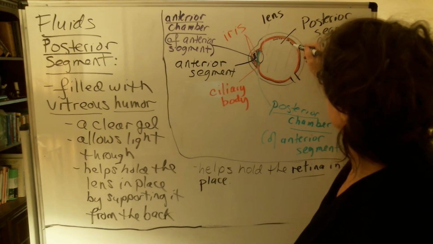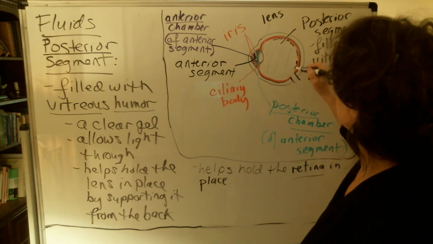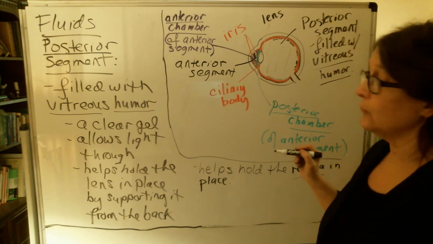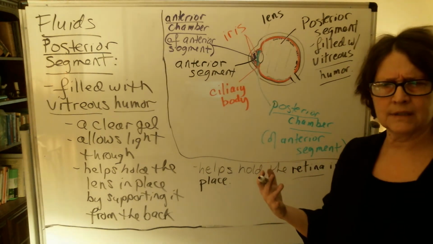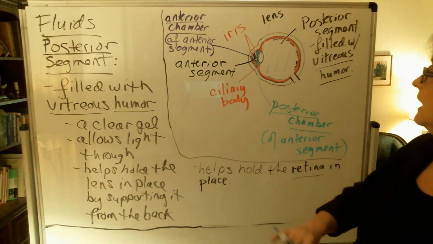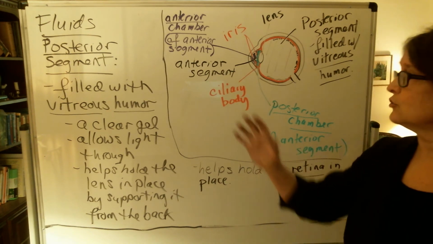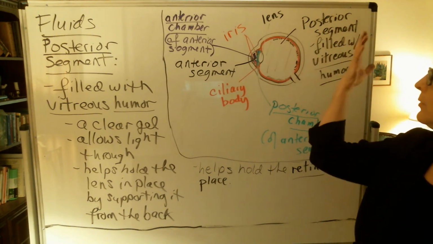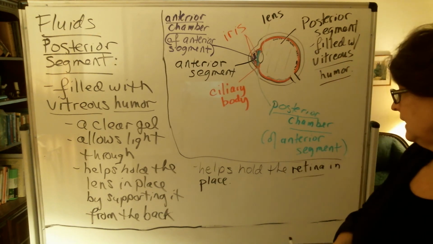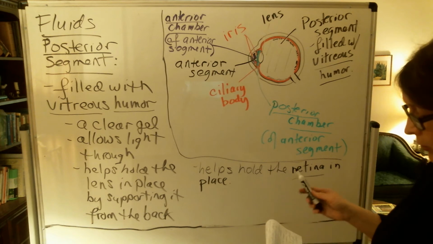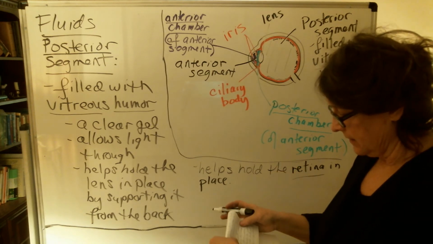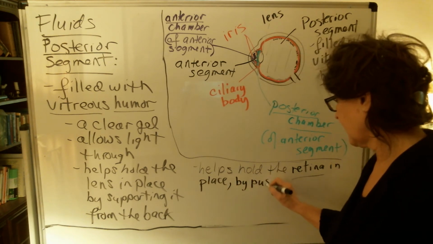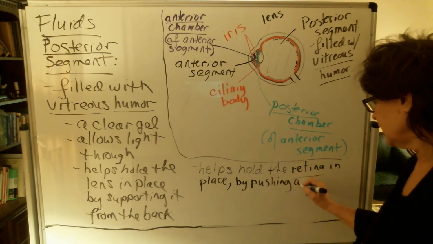As I said, I will be discussing the retina in another lecture, but you have the retina roughly in here. And the retina is very tissuey, it's very thin, it's kind of like a wet Kleenex in many ways. So it's not real strong, and having this kind of thick goo pushing back on it can actually help hold the retina in place as well. So it helps hold the retina in place then by pushing against it.